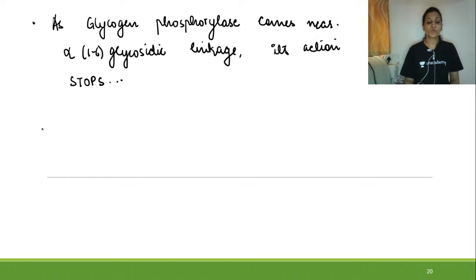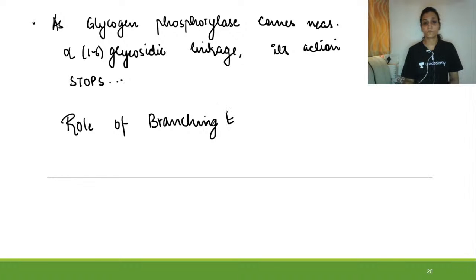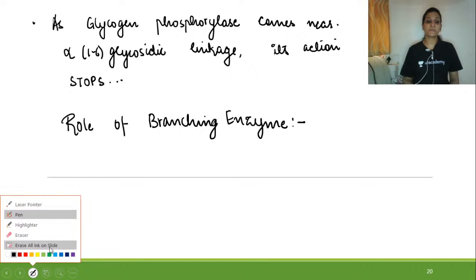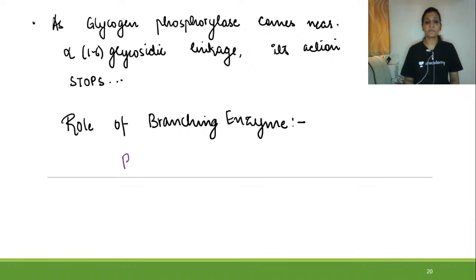Now, role of branching enzyme, or debranching enzyme. This enzyme is actually a bifunctional enzyme.